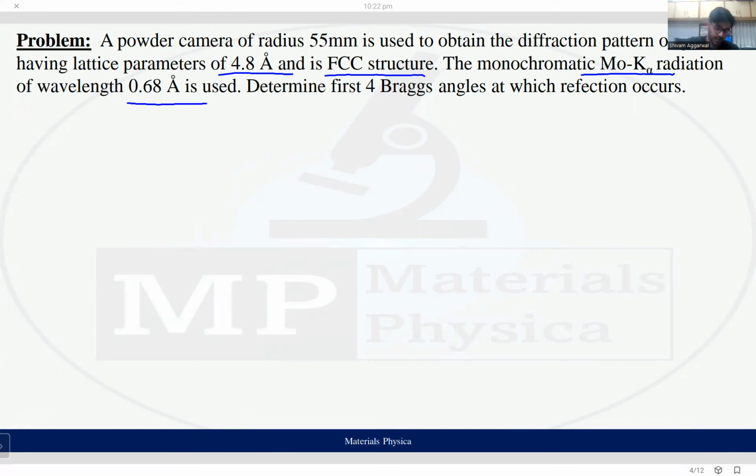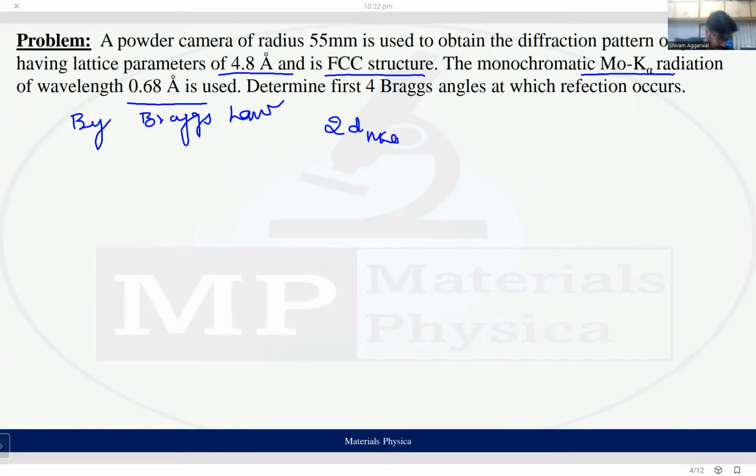For this type of question, by Bragg's law, 2d_hkl sine theta is equal to lambda, and we have to calculate the value of theta.